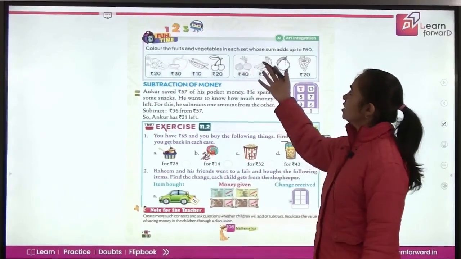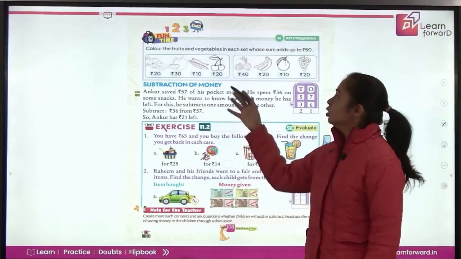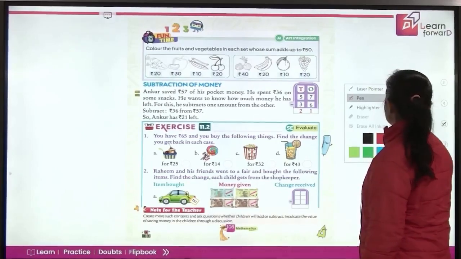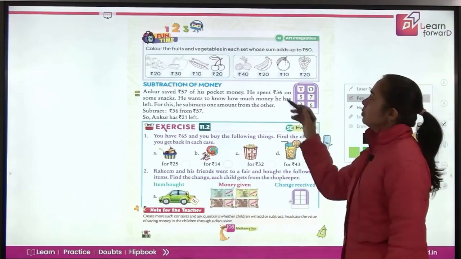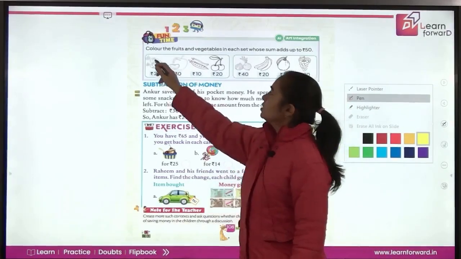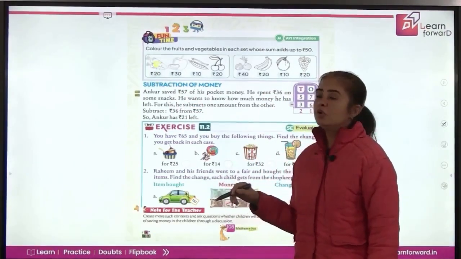Color the fruits and vegetables in each set whose sum adds to 50. So here's a list of different fruits and vegetables. In each set, you have to pick the fruits and vegetables that will add up to 50 rupees. So here, carrots is 20. With carrots, what can you take to make it 50 rupees?